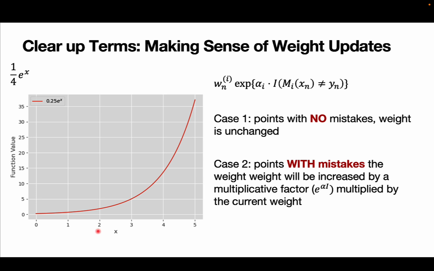As you can see in this graph, we picked a weight of 0.25, multiplied by e to the power x, which is alpha multiplied by the indicator function. When the example is correctly classified, the indicator function is going to give us 0, so there will be no change to the weight. But when there is a mistake, the indicator is going to give us 1, so the weight is going to be multiplied by a factor of e to the power alpha.